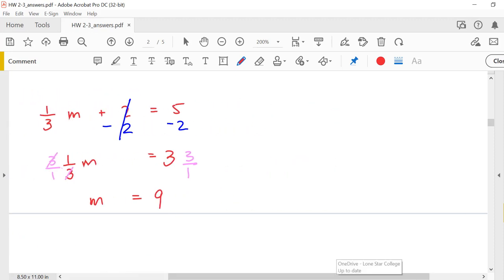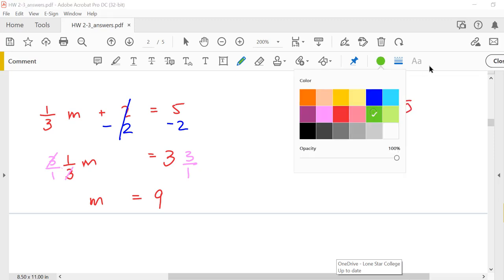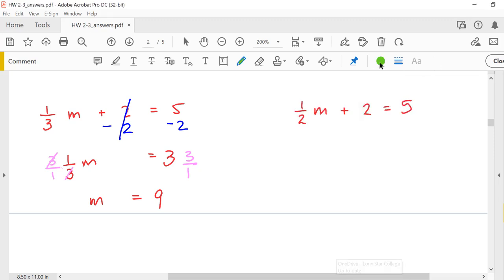Okay, the way that this section is going to show you to do it, 1/3 m plus 2 equals 5. They're going to teach you to clear the denominator, which means to multiply the entire equation by the least common denominator. It's early this morning and I'm not keeping up with numbers correctly. I should say 1/3 m.